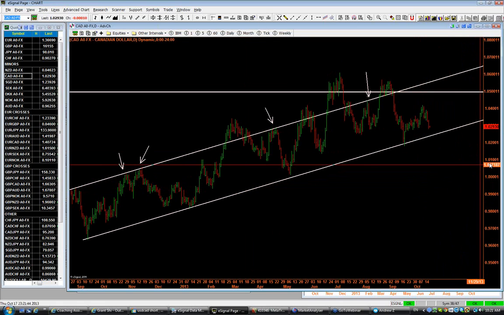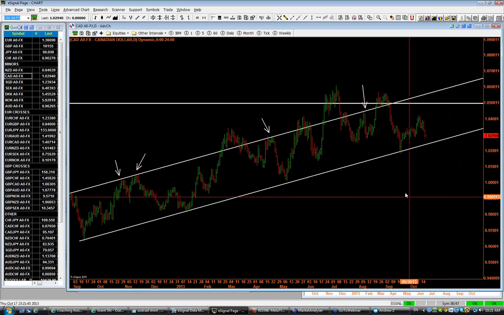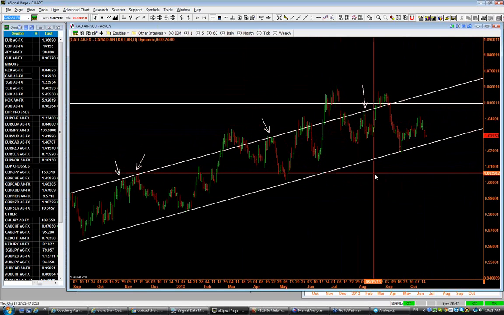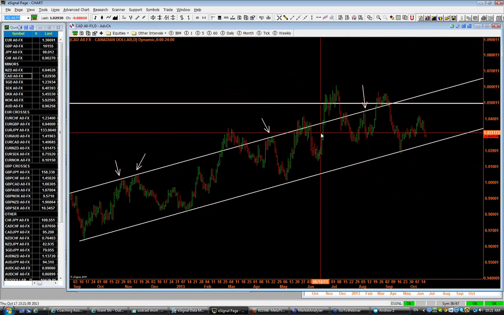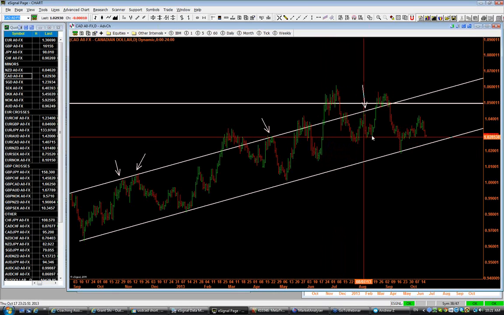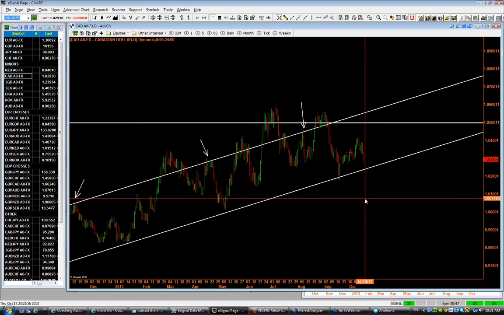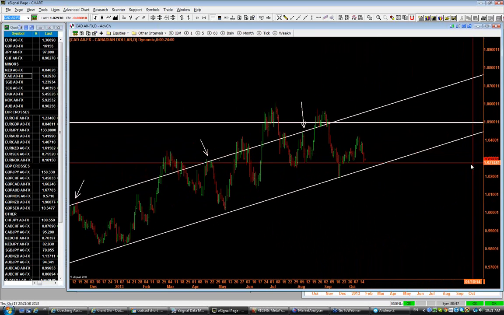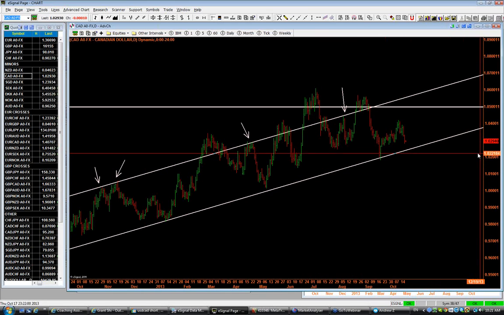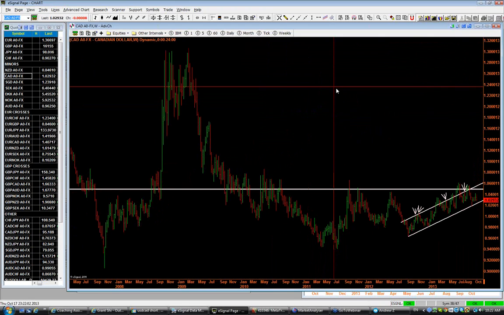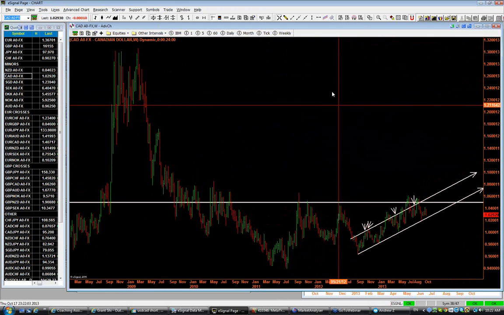I will take these, the parallel. Okay. Horizontal. Maybe we can just use some Fibonacci from phase 1 to phase 2.